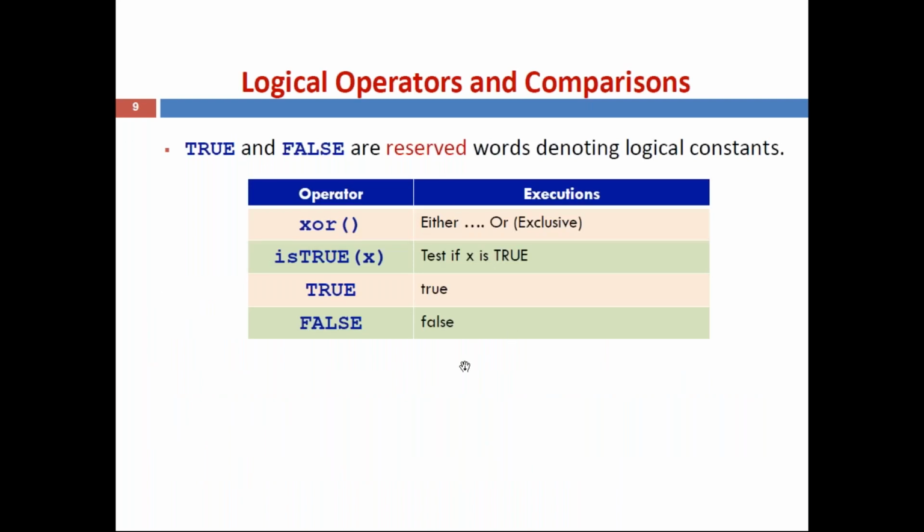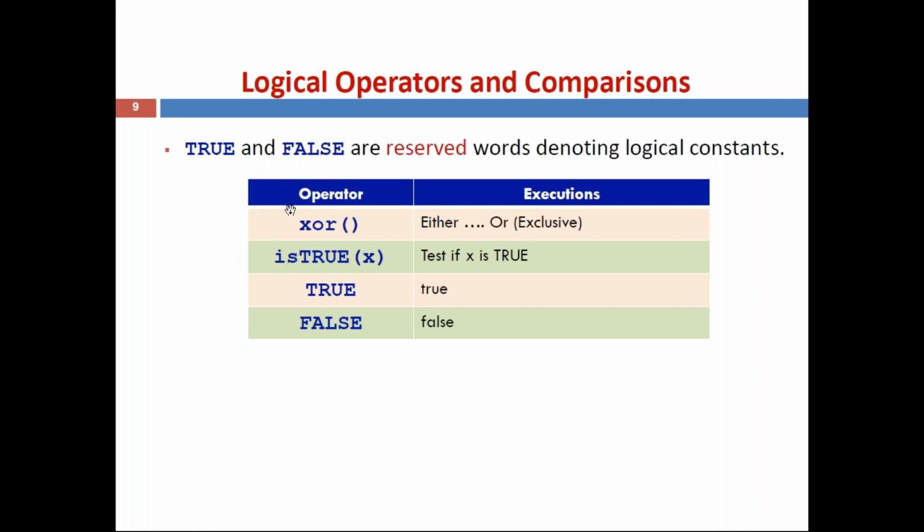Now some more logical operators with TRUE or FALSE combinations, considering these as constants. We already mentioned TRUE and FALSE are reserved words denoting logical constants. In the left side table, whatever we mention in the first column, the operator, will be treated as constants.